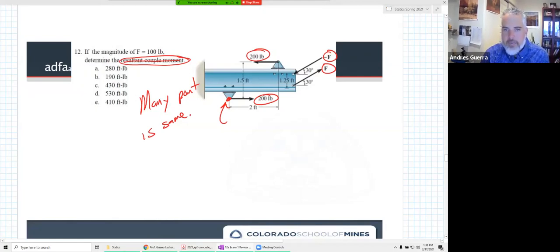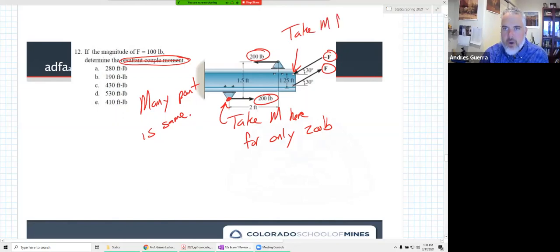So I'll pick the moment about this point. So I'll take the moment here for only the 200 pounds. And then I'll take the moment here or here, either one, doesn't matter, on the line of action of either one of those. I'll take the moment here for the 100 pound.